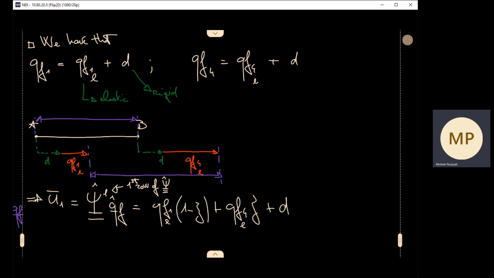As you can see, we have a rigid part in this axial component, where u over bar 1 denotes the displacement induced by axial deformation.